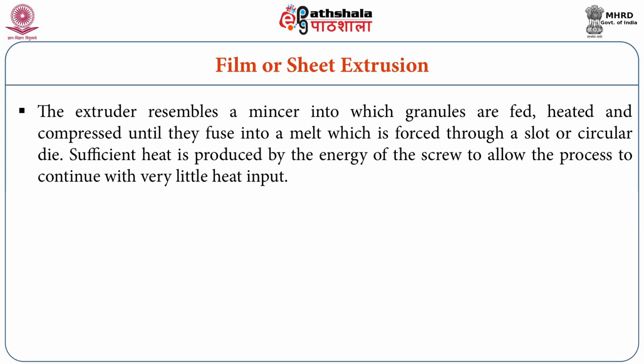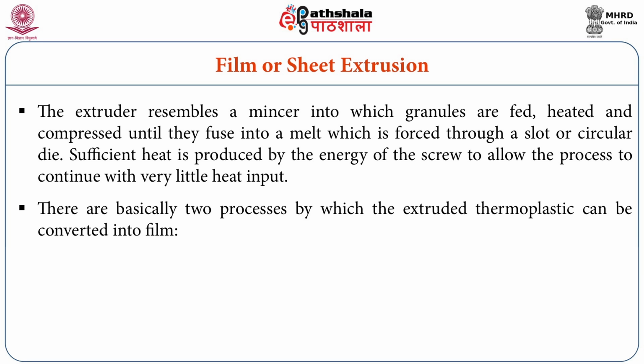The extruder resembles a mincer into which granules are fed, heated and compressed until they fuse into a melt, which is forced through a slot or circular die. Sufficient heat is produced by the energy of the screw to allow the process to continue with very little heat input. There are basically two processes by which the extruded thermoplastic can be converted into film: the tubular process and the flat film process.